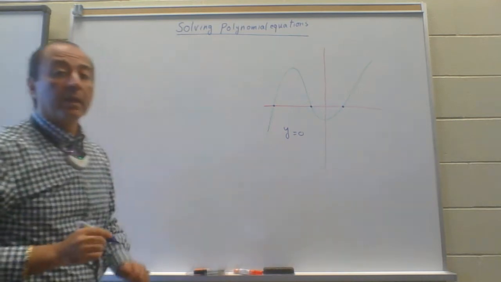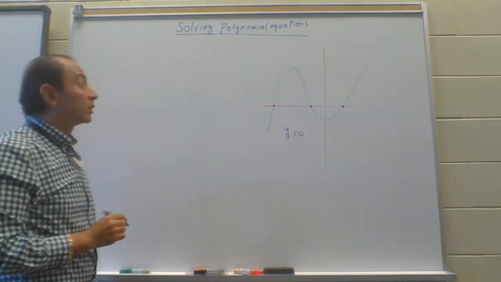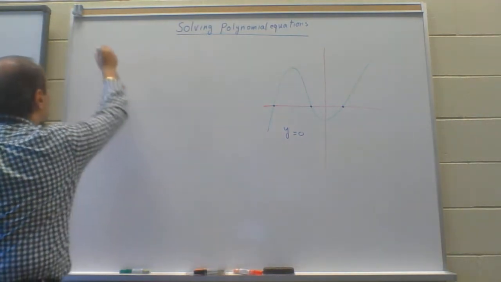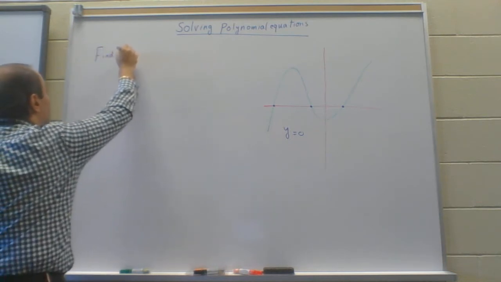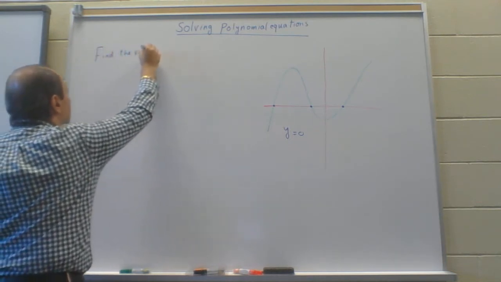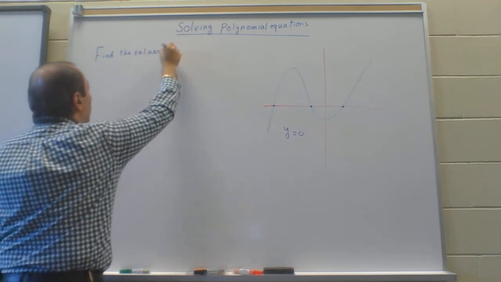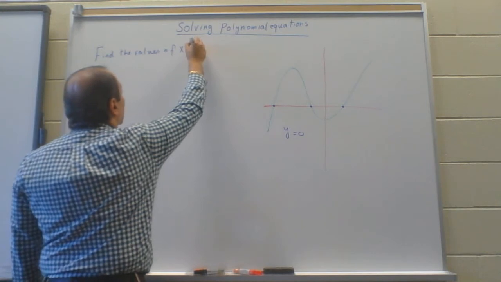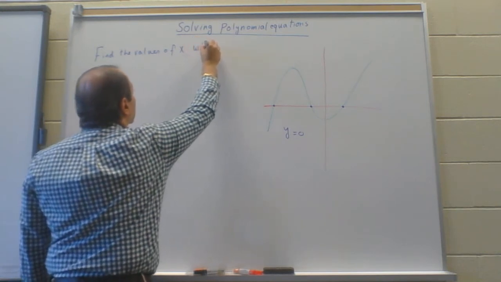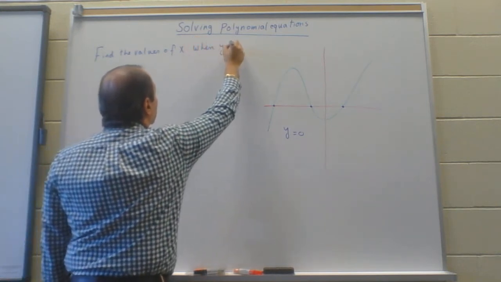So simply, solving a polynomial equation means find the values of x when y equals 0.